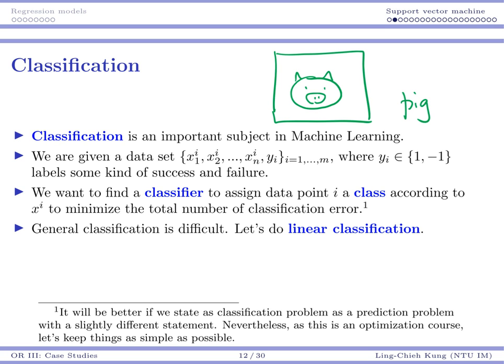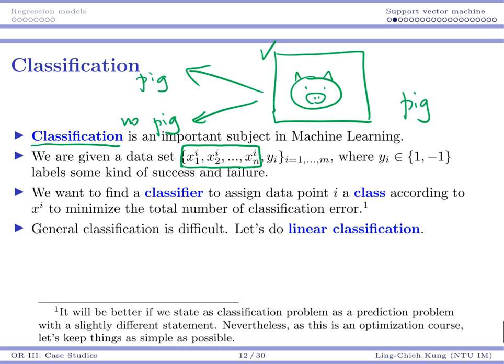But anyway, a classification problem is that whenever you get a photo, determine whether there is a pig there or there is no pig there, all right? So pretty much that's classification. And then you will get several features from this picture, like for example, all the RGB values for each pixel, whatever. Then those are features.